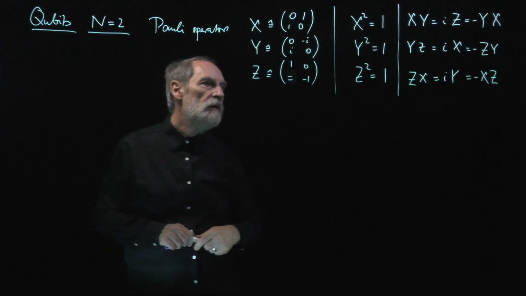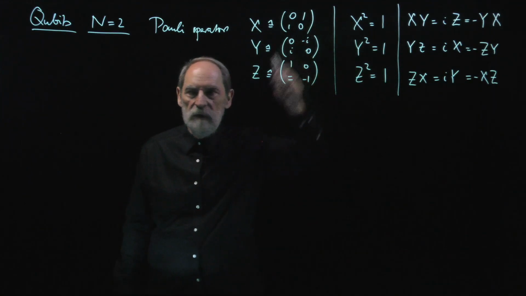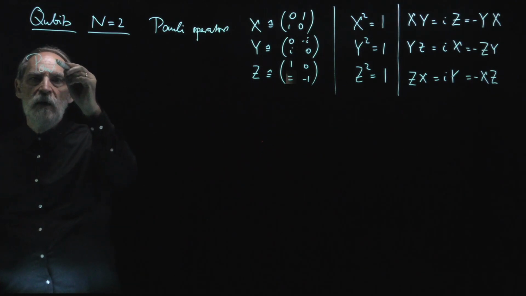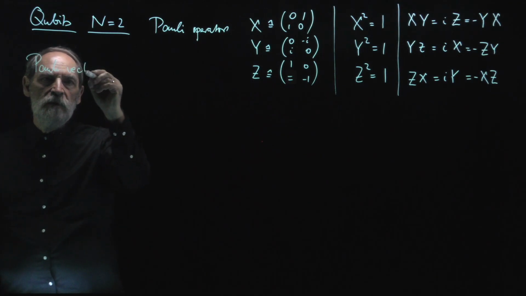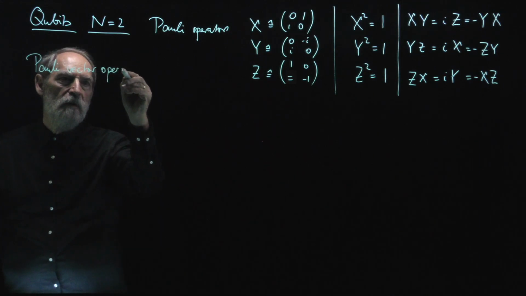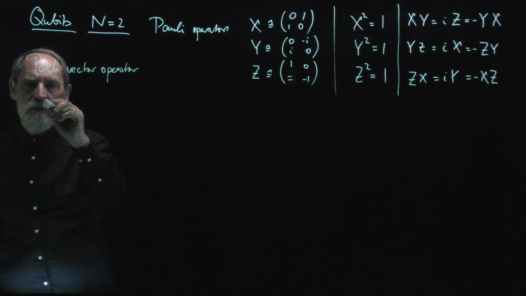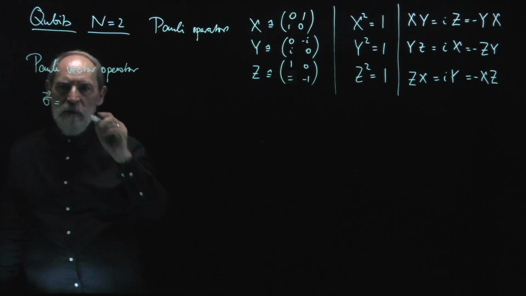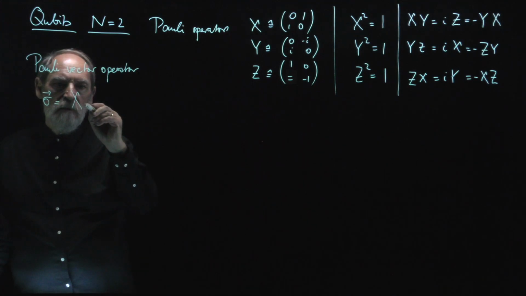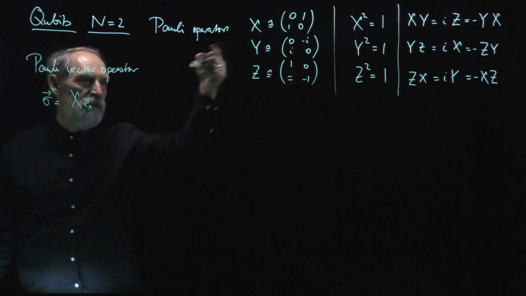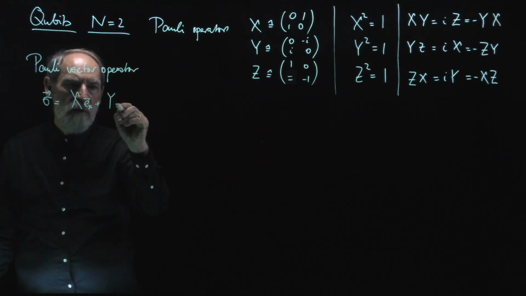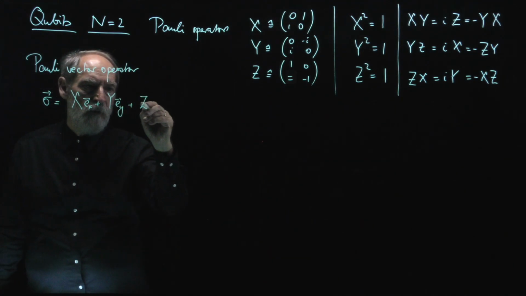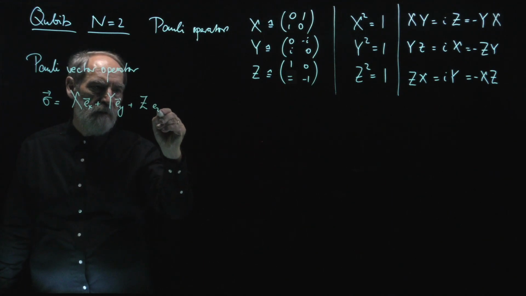So let's now summarize this by introducing the so-called Pauli vector operator, for which we use the standard symbol sigma, and that's a vector where the x component is made of the x operator, the y component is made of the y operator, and the z component is the z operator.